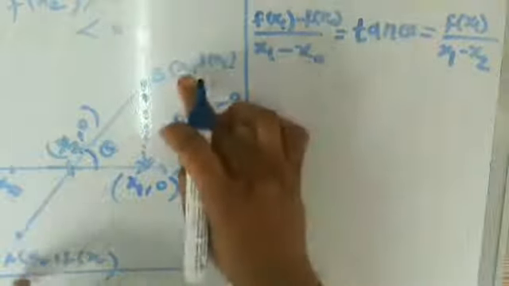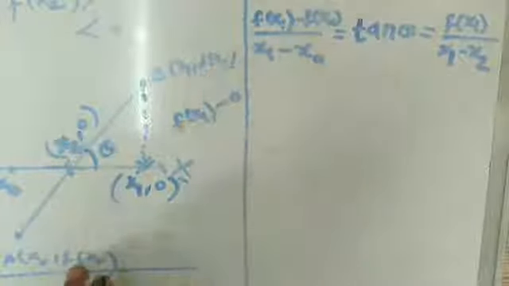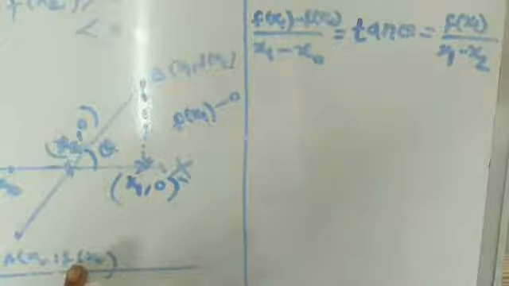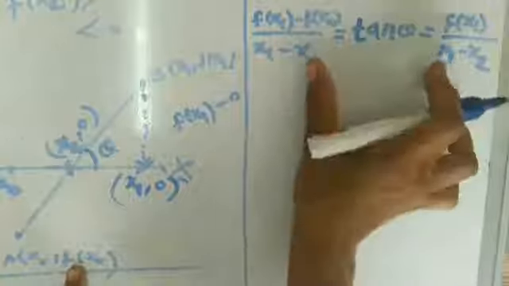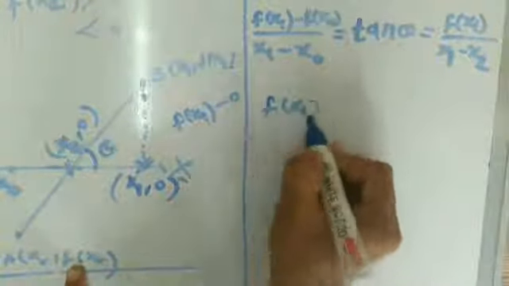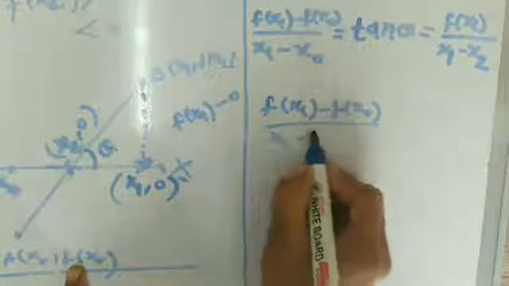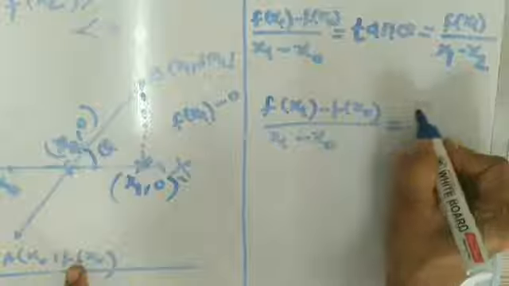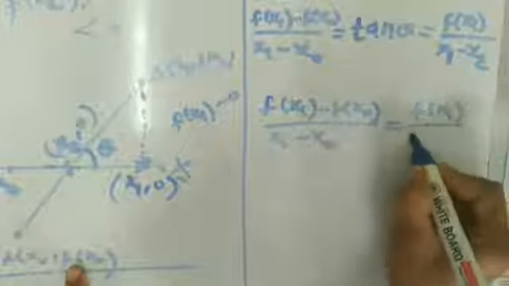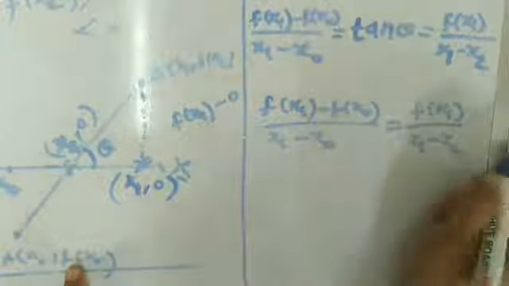So we equate these two terms: f of x1 minus f of x naught divided by x1 minus x naught is equal to f of x1 divided by x1 minus x2.